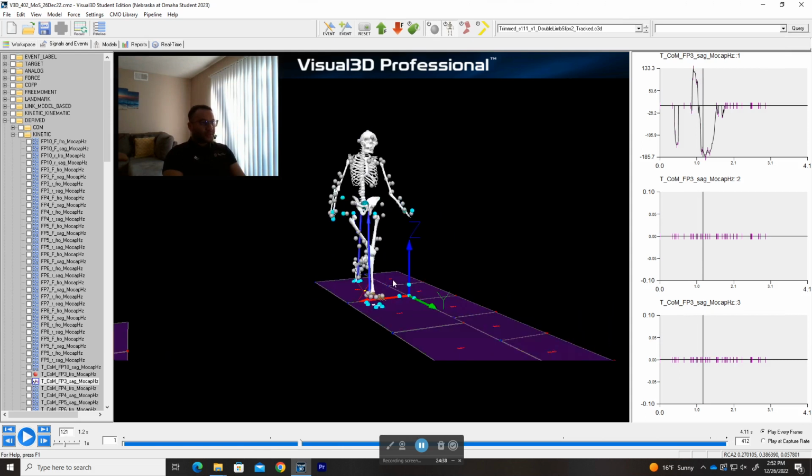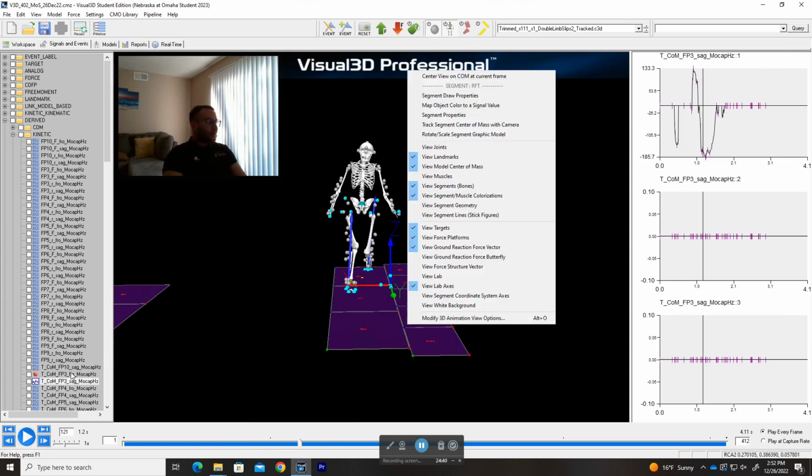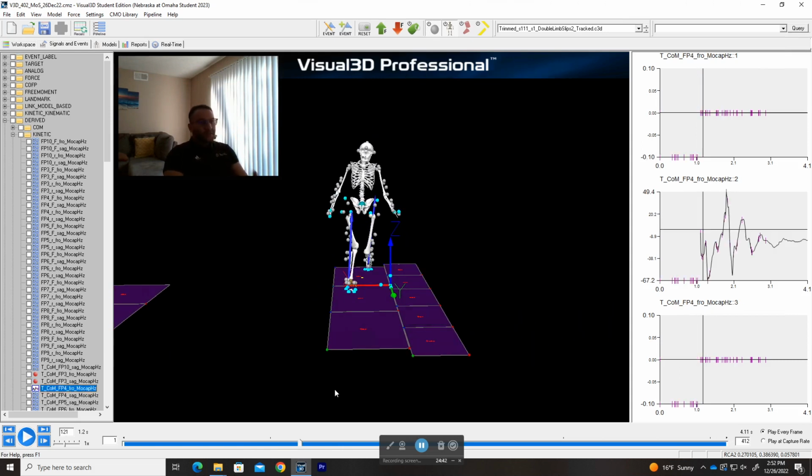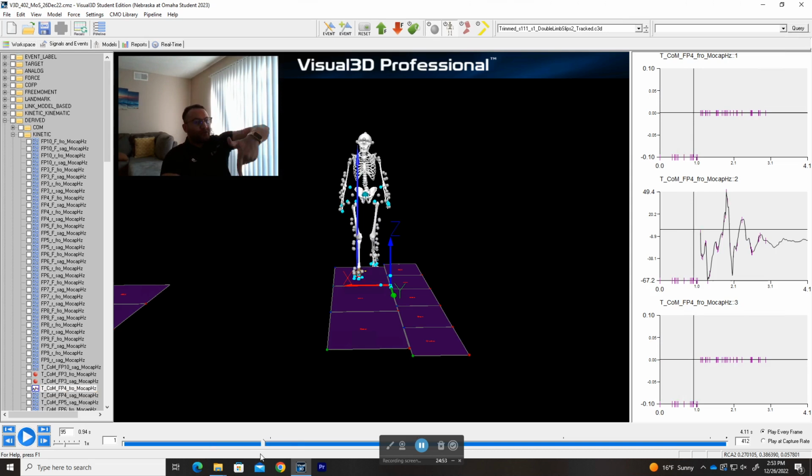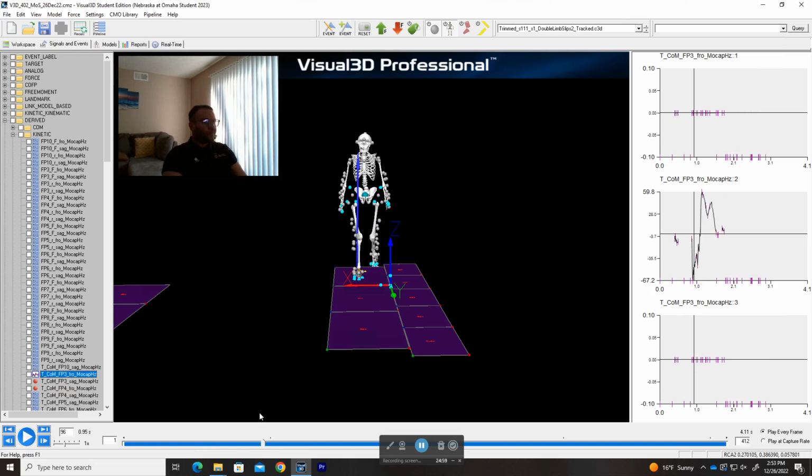So it makes sense. When you look at the frontal plane, it's the same thing. So when you look at it this way, when the foot lands here, they're producing clockwise rotation, so it's negative, and that's what we're seeing here. Actually, let me go back to FP3.